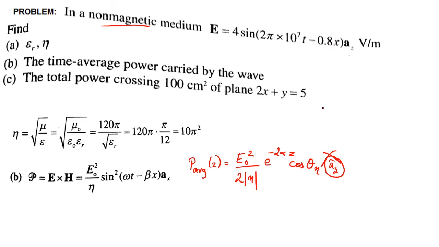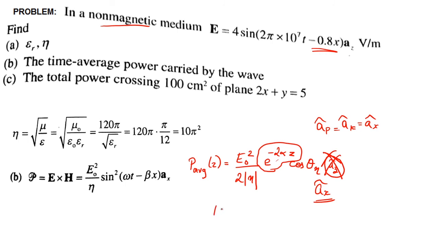Here this pointing vector direction is always in the direction of propagation. So here it is moving in positive x direction, so it will be AX. Instead of this you can write it as AX, because this is the direction of propagation of the wave. And here alpha is 0, so this term is reduced to 1. That's why this part is not there.